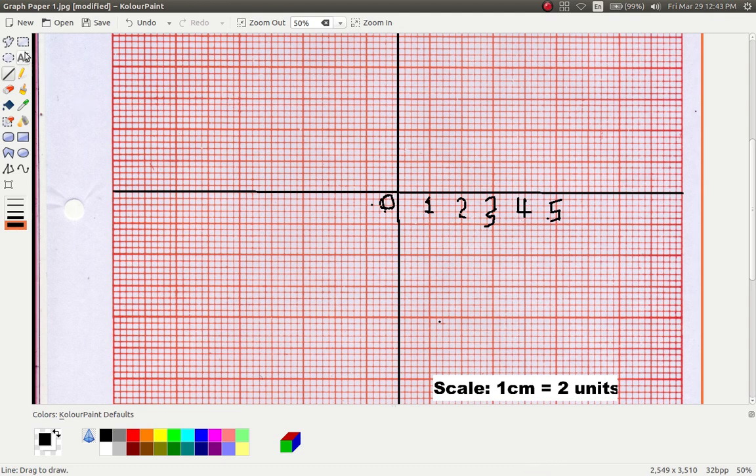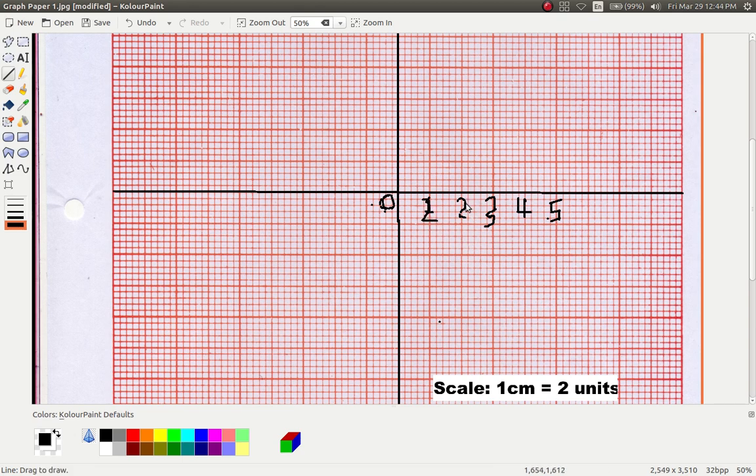In that case, let me get rid of these numbers that I have. I wouldn't be able to erase them like this, but 1 centimeter from here to here would be a 2 instead of a 1.